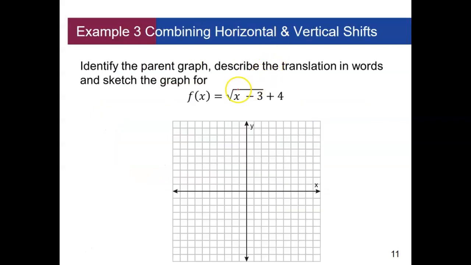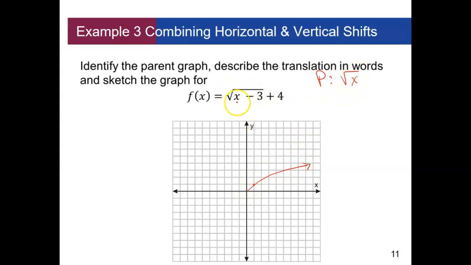Okay, this one's a little bit more complicated. It's combining a couple things together. Here we've got the square root, so our parent graph is actually just the square root of x. So I'm going to go in and graph this. Our graph is going to look something like this, if you remember the general shape of the parent graph for the square root of x.